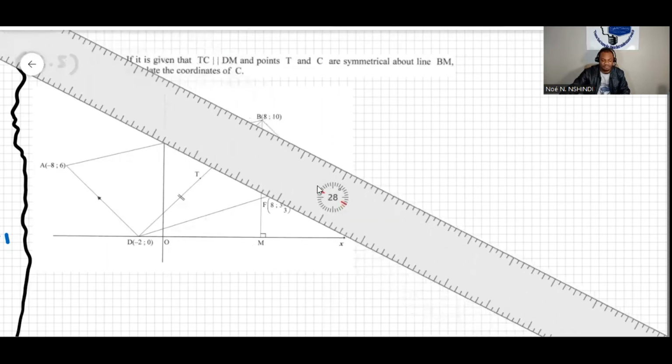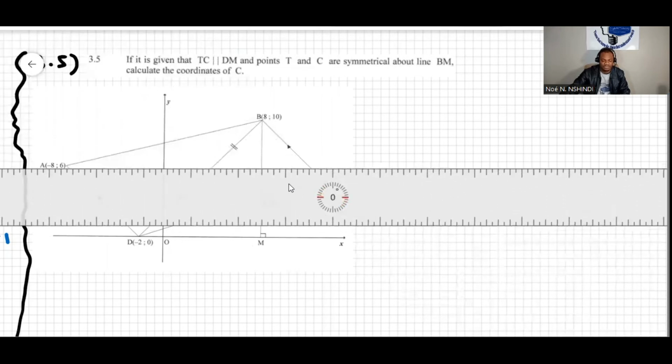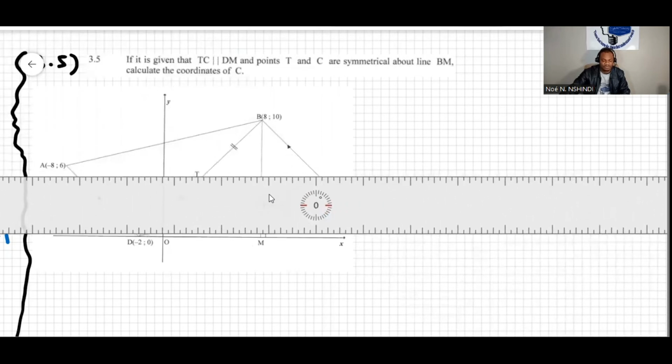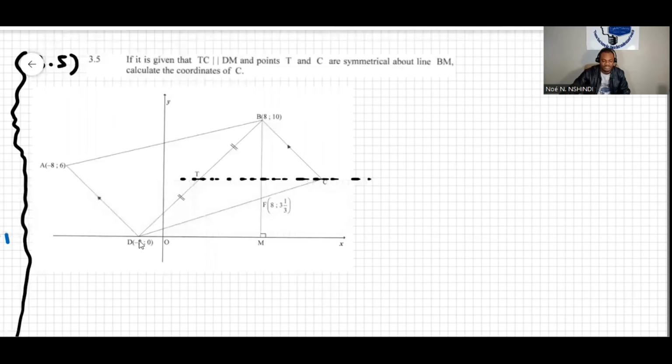I'll draw a dashed line so we can see it well. This line here is the line DM, and TC is parallel to it.